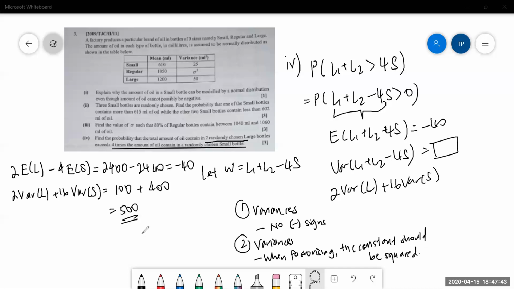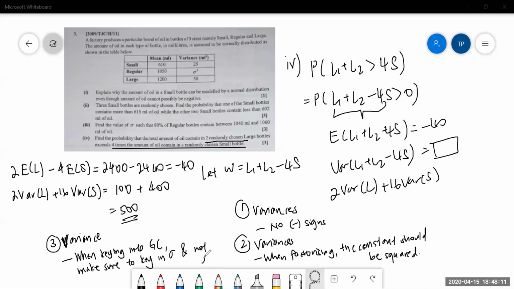Number three, also about variance. You see, this variance will kill people. When keying into the GC, make sure to key in sigma and not sigma square. It's a no-no. Okay, all 3 pointers are on variances.